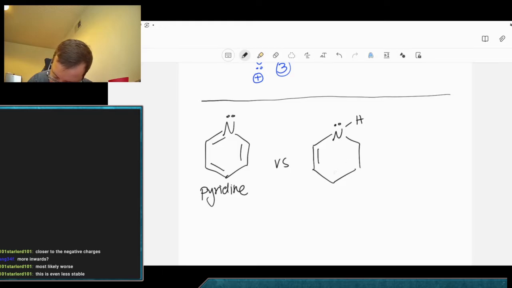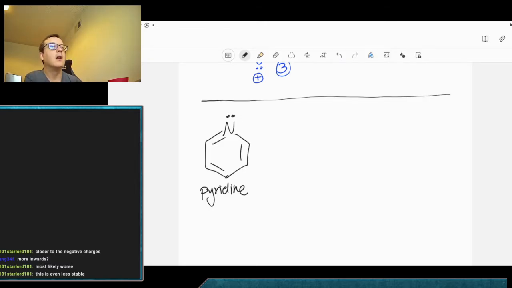Actually, this is not a great example either. Let's just look at it right now. Just one molecule. If we're looking at this pyridine, it's important for us to understand when a lone pair can kind of mess with things or not.